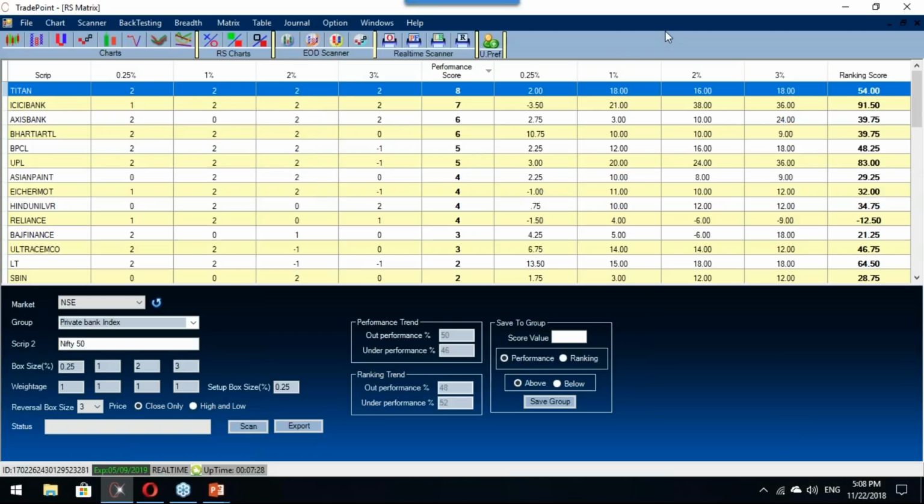What will be the performance score there? Why nine? It can't be nine, isn't it? How can it be nine? The maximum possible score is eight. If you give me an answer which is some number between -8 to +8, that's okay.